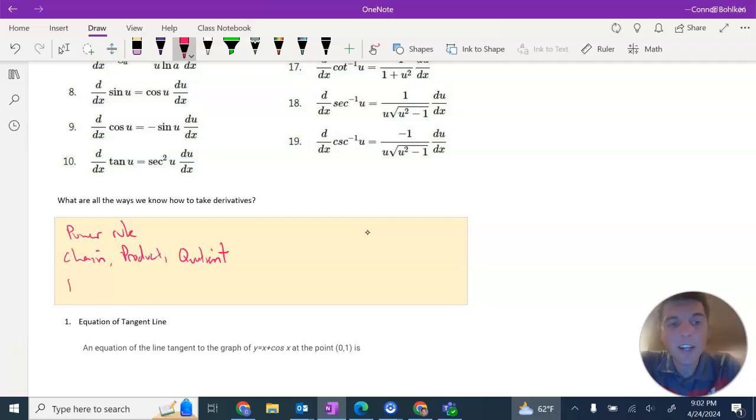Let's see. We learned how to do implicit differentiation. That's when we had derivatives of y's or different variables. I'm going to include this as a separate rule, but we did also learn how to do derivatives of inverse functions.